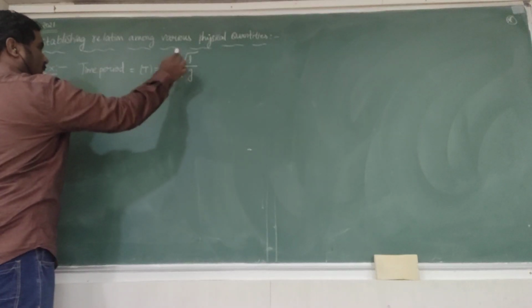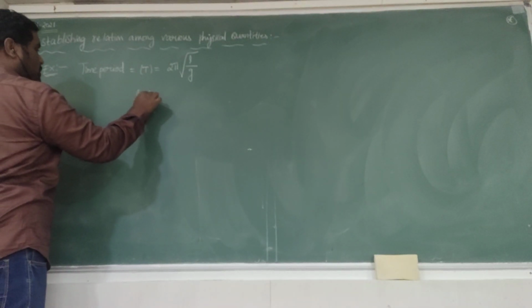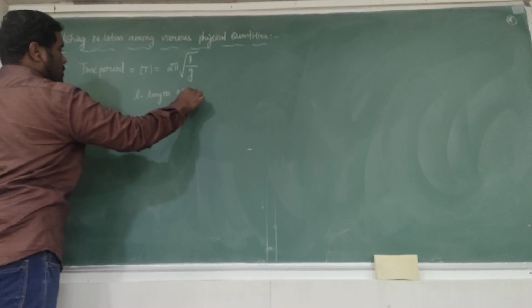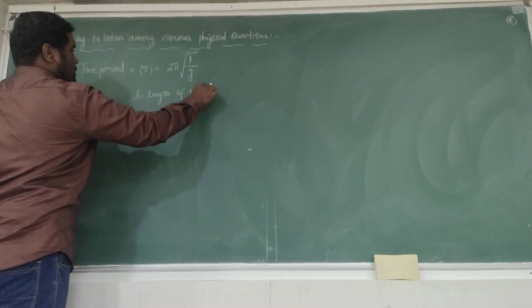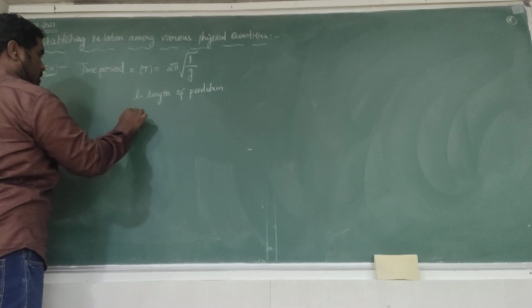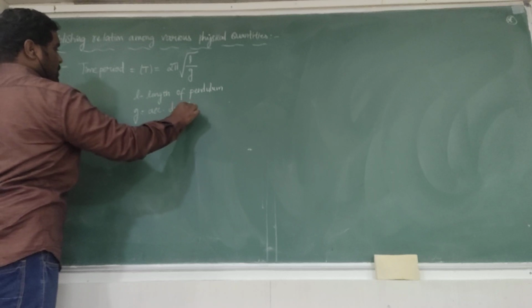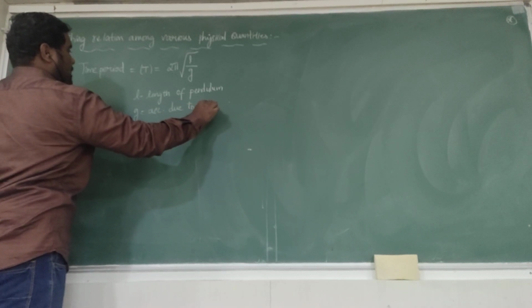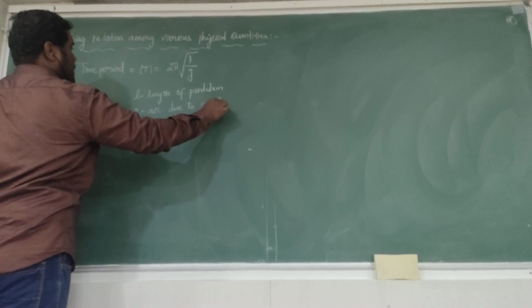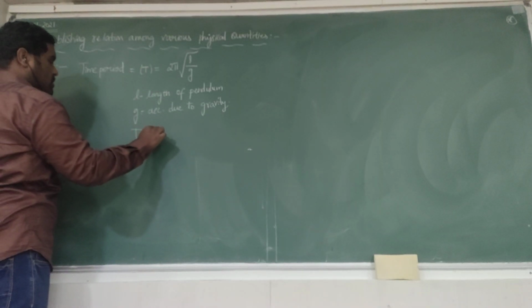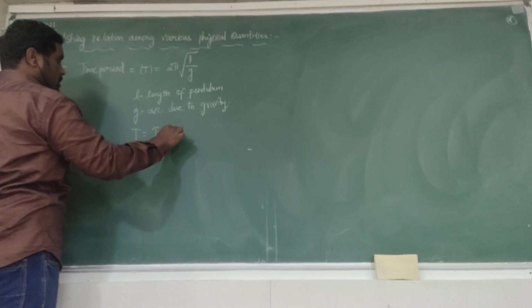L is the length of the simple pendulum, g is the acceleration due to gravity, and T is the time period.